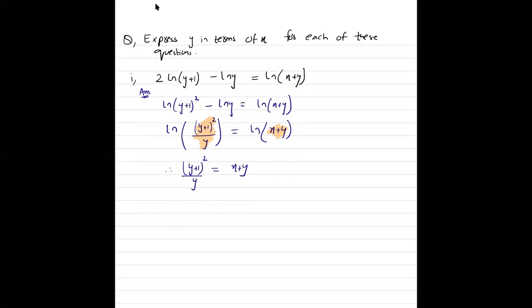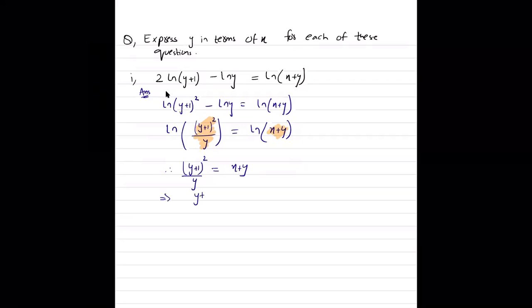Y equals minus 1 over 2 minus x is what I'm getting. So yeah, that's correct.